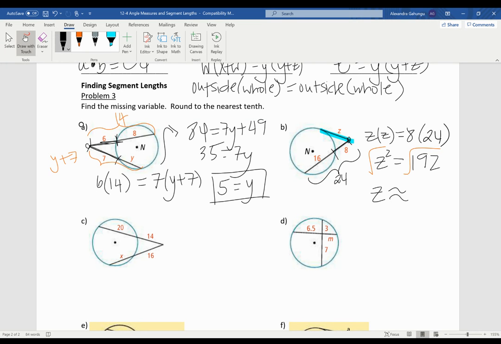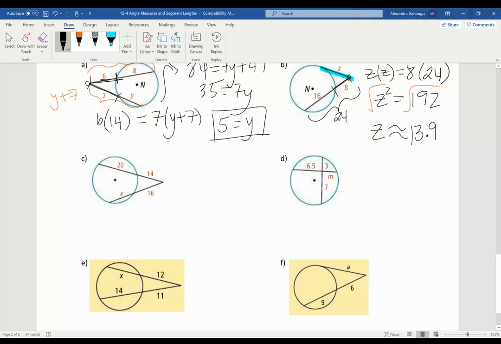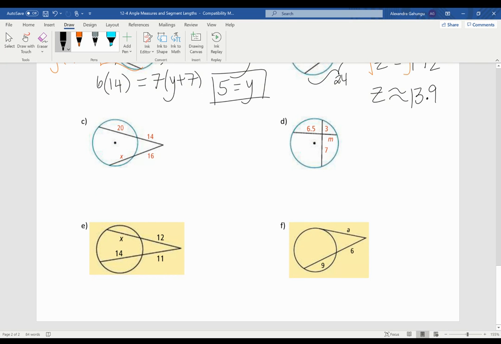So like the directions say, we round to the nearest tenth. So we get about 13.9 for z.